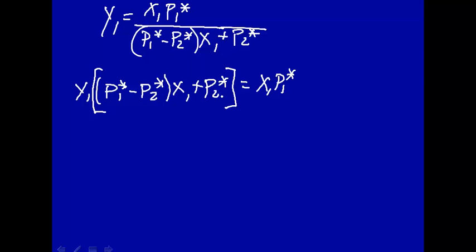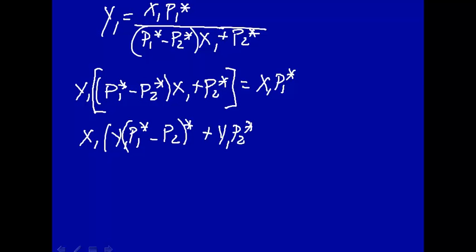Let's pull out the x1 and multiply by y1, so we have x1 y1 (P1 star minus P2 star) plus y1 P2 star is x1 P1 star.